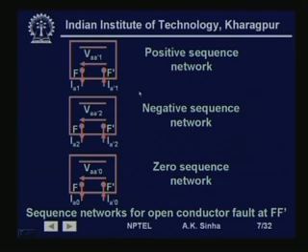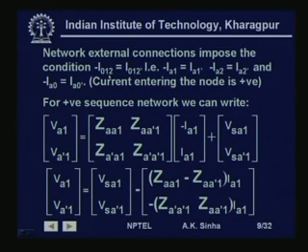Now, in case there is no crossover of wires, that means the phases are not coming in contact with the other phase, then from the external conditions of the system we will see that the value of IA1 and IA dash 1 will be same. That is, the current flowing out of the positive sequence network will be same as the current flowing into the positive sequence network at this point F dash. So, network external connections impose the condition that minus I012 is equal to I012 dash.